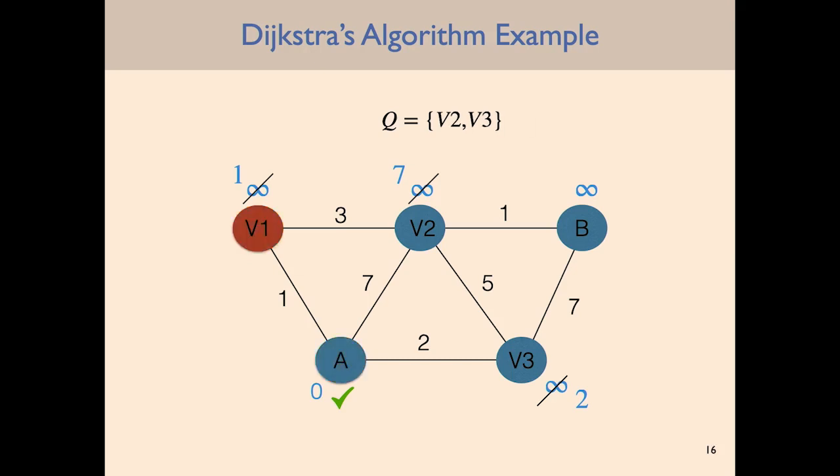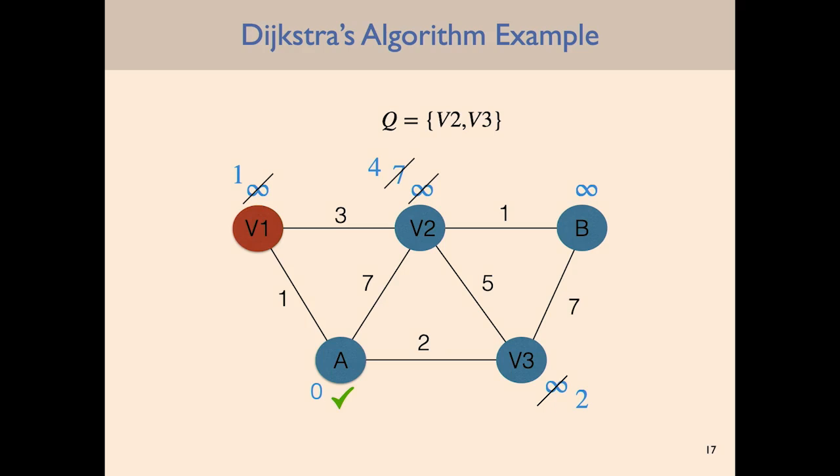Okay. So let's look at V1 next. That's the thing that we prioritize. It has 2 neighbors. So A, which is already dead, so we don't need to worry about that. The other vertex is V2, which is not yet dead, like we haven't taken it out of the queue. So we're going to update the estimated cost to come for V2. That update is 1 plus 3.